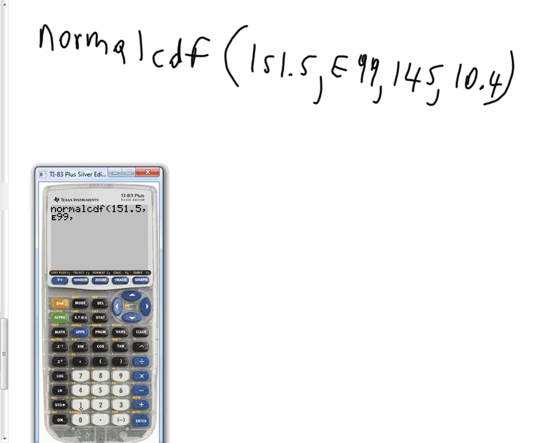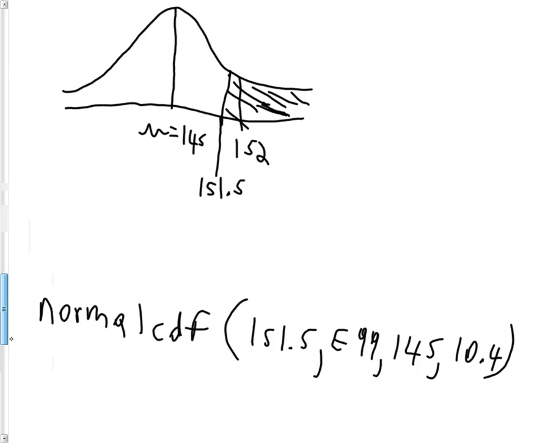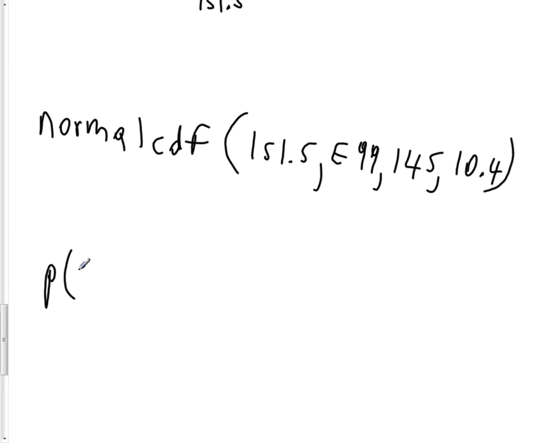The mean is 145, and the standard deviation is 10.4. Close the parenthesis and press enter, and we get that this probability is 0.266. So the probability that x is greater than or equal to 152, or at least 152, is equal to 0.266.